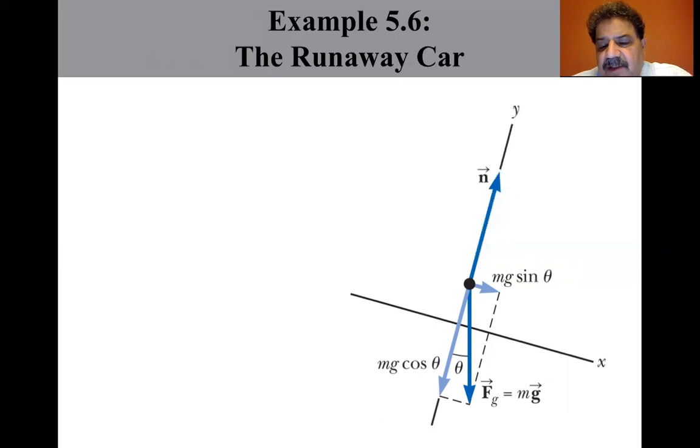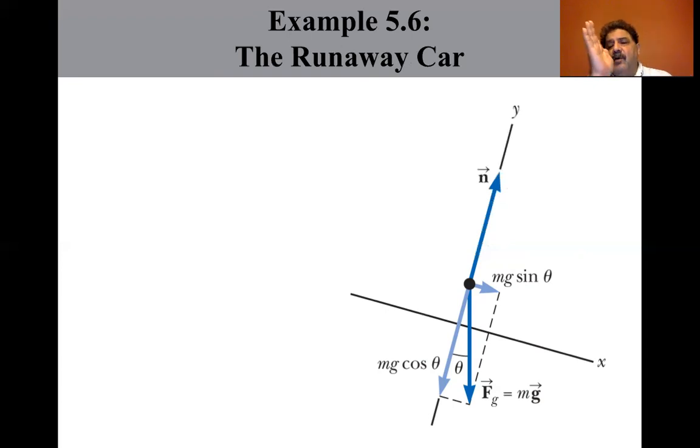Our choice of axes results in the car being modeled as a particle under a net force in the x direction and a particle in equilibrium in the y direction. So let's apply these models to the car. Before we apply the equations, you need to think about this, because we automatically think of sine theta as associated with y and cosine theta associated with x.